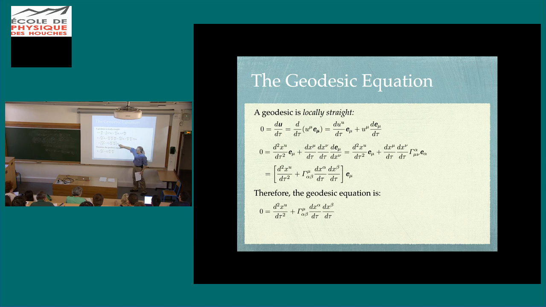Okay, what did I do as I'm going here? Yes, I renamed the indexes mu nu to alpha beta. Oh, that's right.